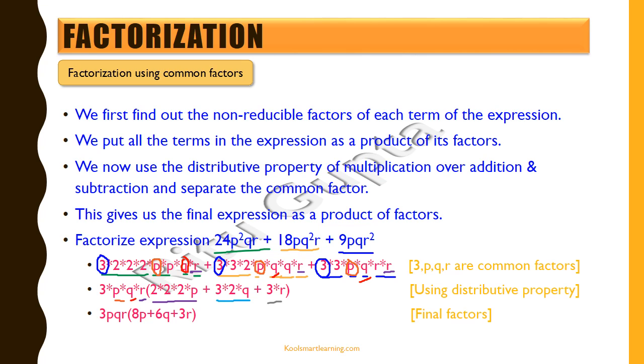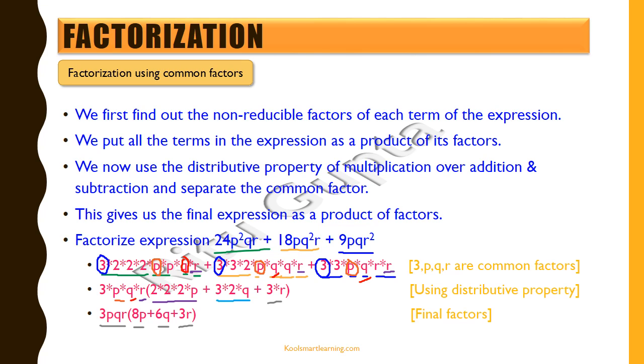So the common factors which we've taken out have become 3pqr, and 2 into 2 into 2 into p becomes 8p, 3 into 2 into q becomes 6q, and 3 into r becomes 3r. So this expression 24p square qr plus 18pq square r plus 9pqr square can be written as 3pqr multiplied with 8p plus 6q plus 3r.